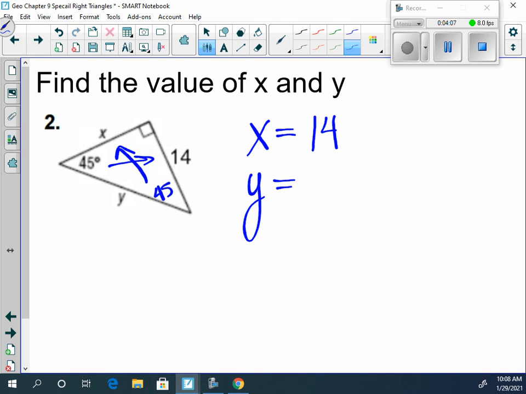Now what about y? 14 square root of 2. So really, if I'm given a 45, 45, 90, and one of the sides opposite the 45 degrees, well, those two sides are the same, and the hypotenuse is whatever that measure is times the square root of 2.